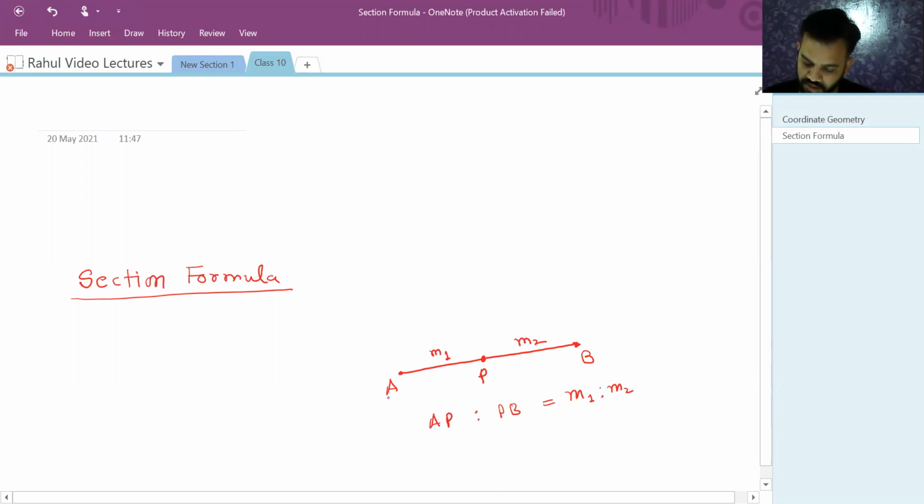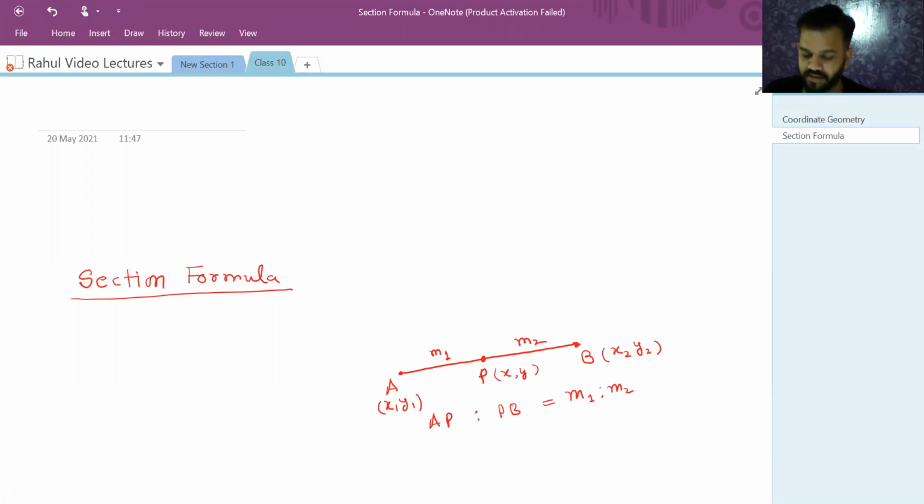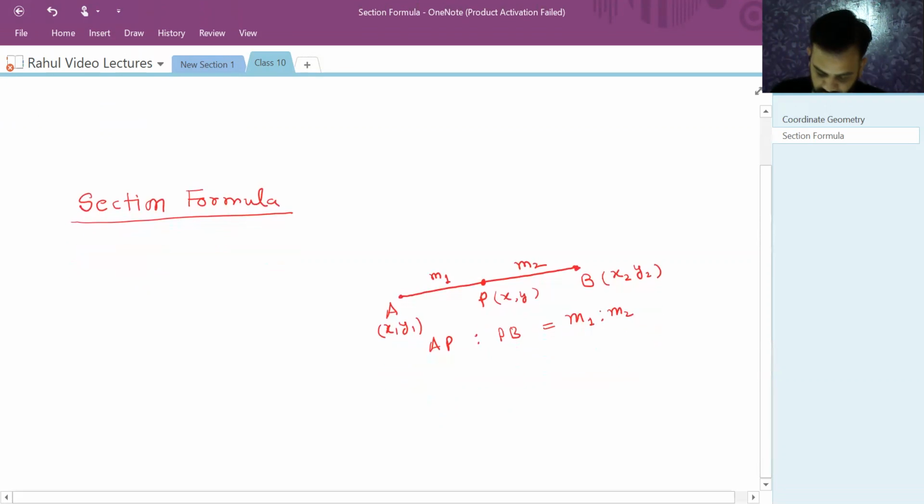Okay, so what is the coordinate? Suppose the coordinate of point A is x1, y1 and coordinate of B is x2, y2. So what are the coordinates of this point P if you know the ratio m1 and m2? So there is the section formula.